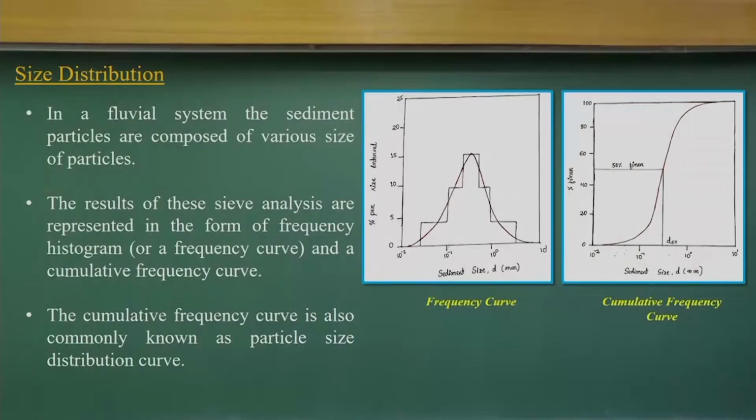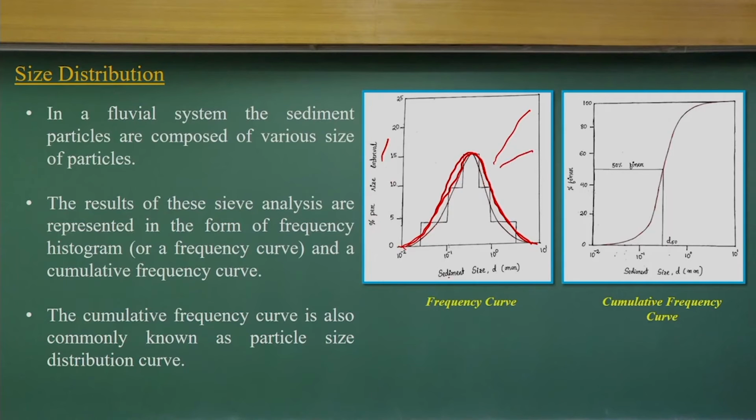If you plot the percent of size against the particle size and draw this curve, more or less it follows the normal frequency distribution curve. That is the nature of sediment particles taken from any river.